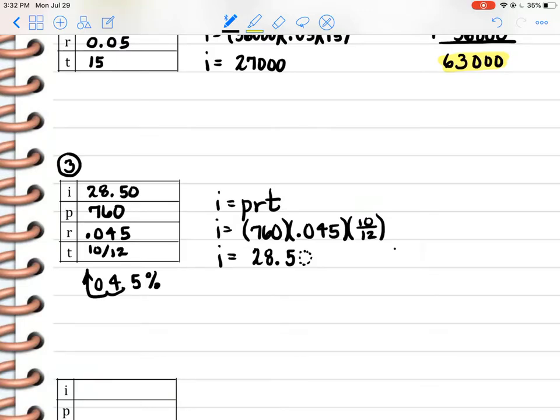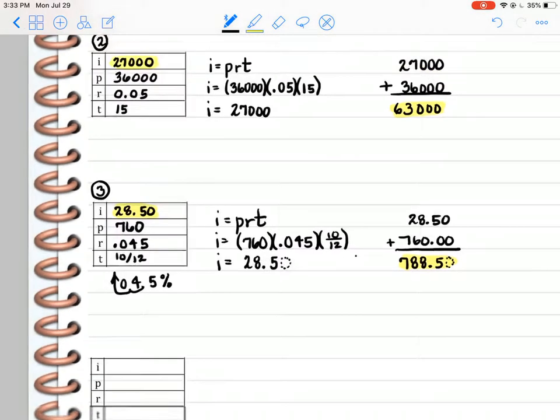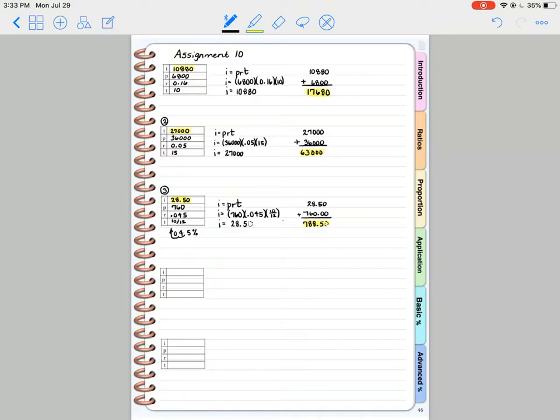And then your payback amount will be that number plus what you borrowed, and that is $788.50. So that's payback. Notice they work exactly the same.